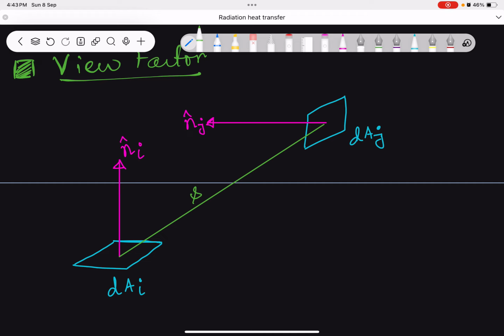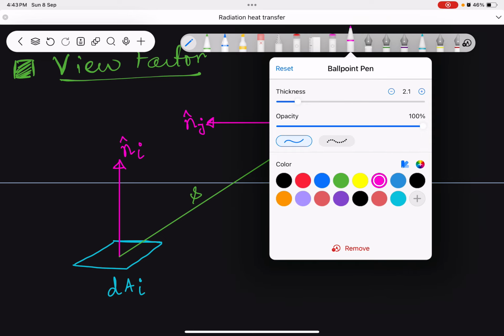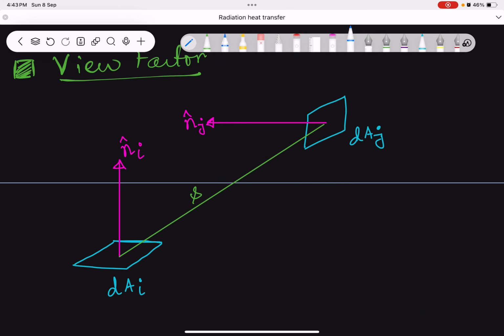And another geometric figures also, you guys know that these angles are theta i, and this angle is theta j.